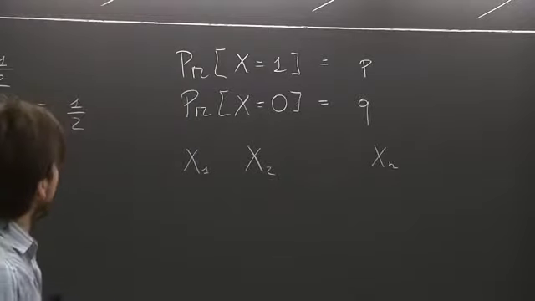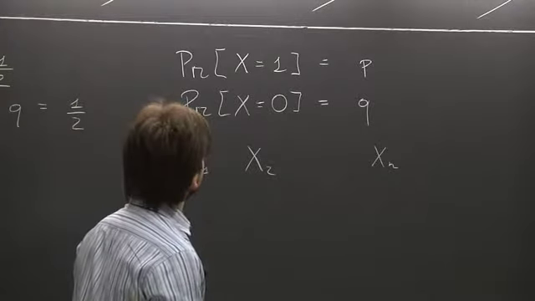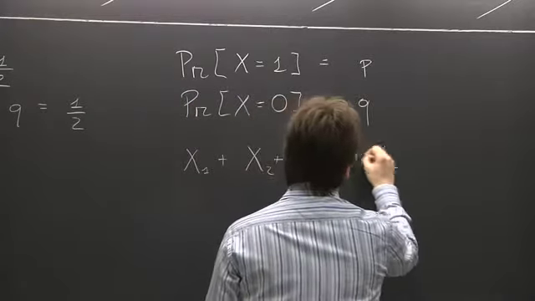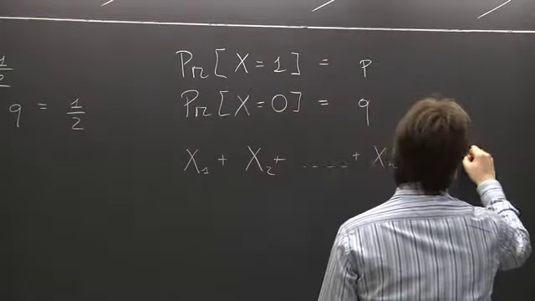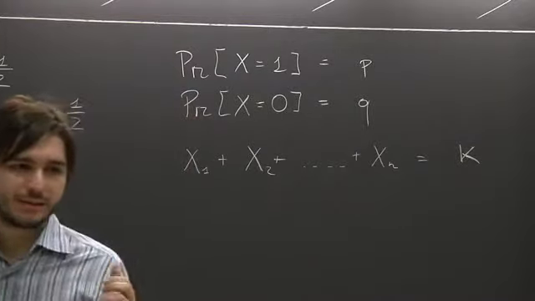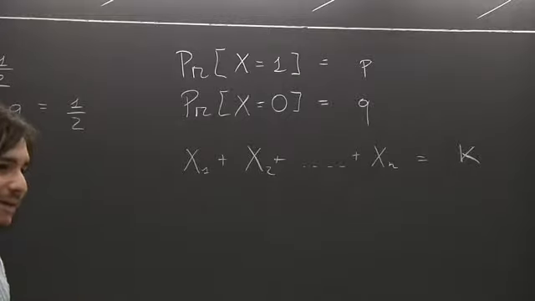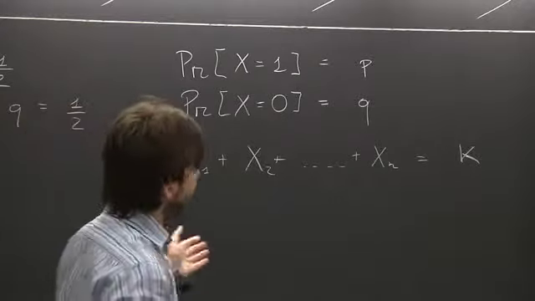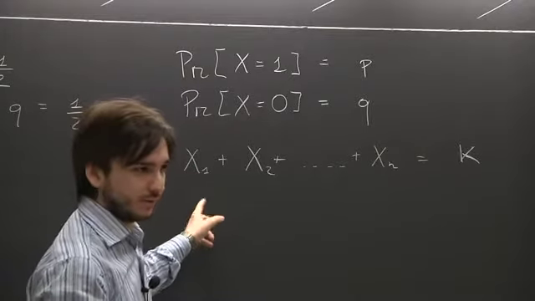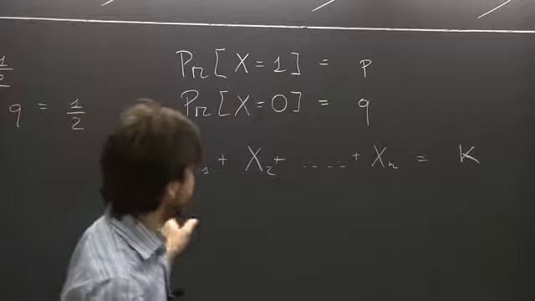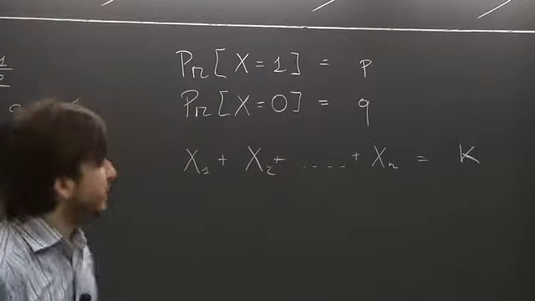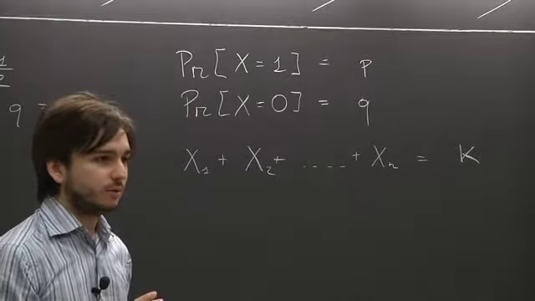So the question is, what is the probability that the sum of these variables is equal to k, a certain number? This is exactly the probability of having k successes out of n trials, because each variable can just be 1 or 0. If it is 1, you have a success, and when you sum them you have k successes at the end. Any question?